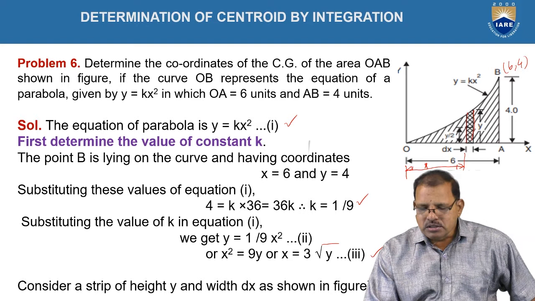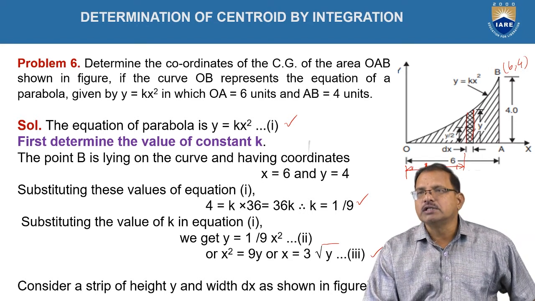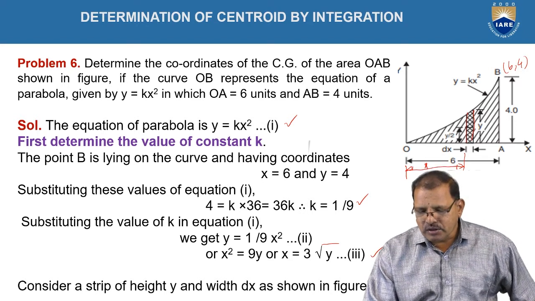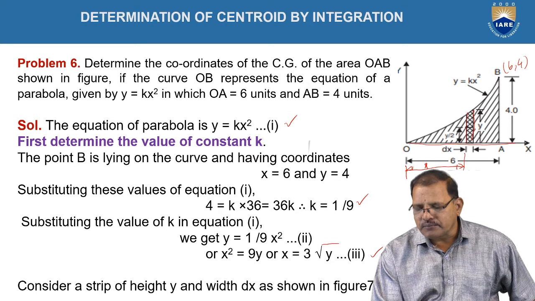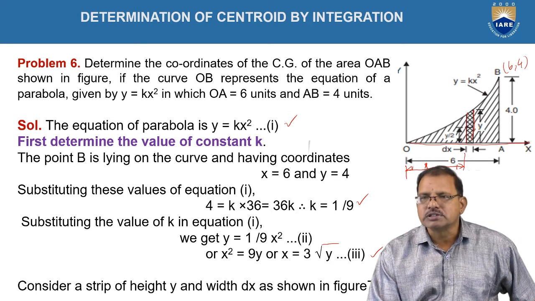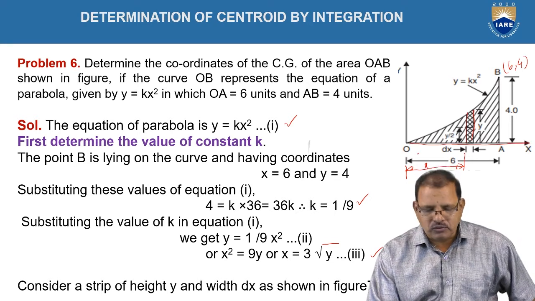Here, since the object is not at all symmetrical with respect to the vertical and horizontal lines, hence the x-axis is treated as the line which is passing through the bottom of the figure, and the y-axis is the extreme left position, which is passing through point O now.